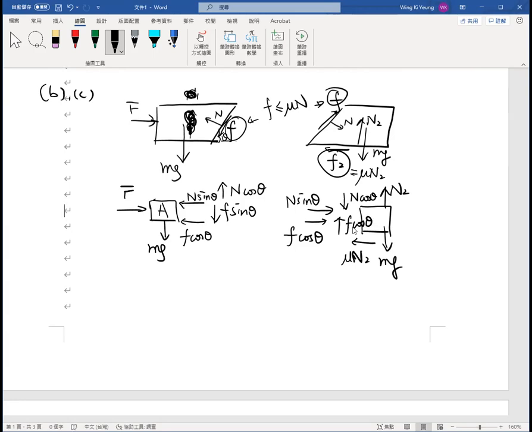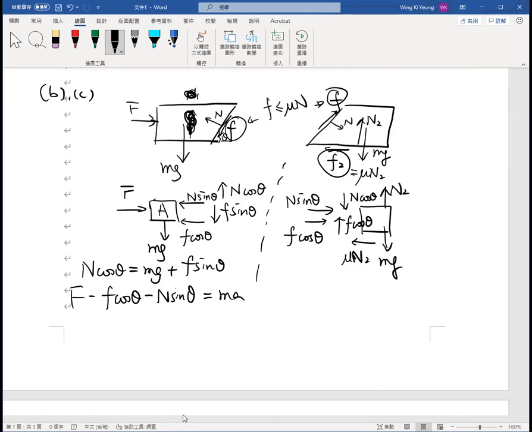Okay. Then you write down all the horizontal and vertical forces for objects A and B. For object A, let's consider the vertical force: N cosine theta equals mg plus F sine theta. Then the horizontal force will be F minus F cosine theta minus N sine theta equals ma, because these two objects are accelerating.